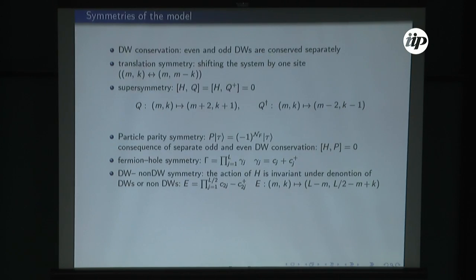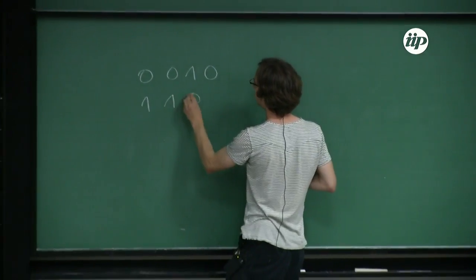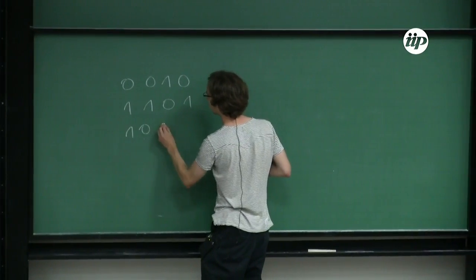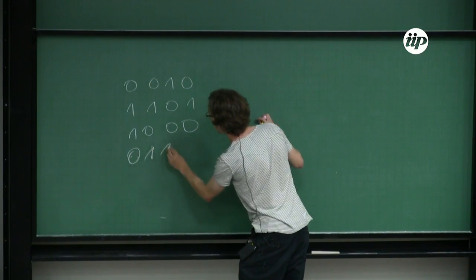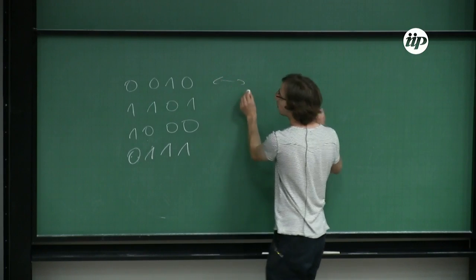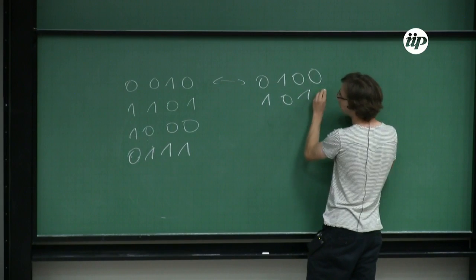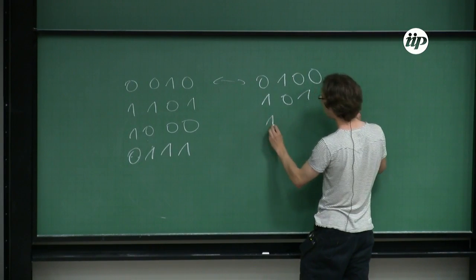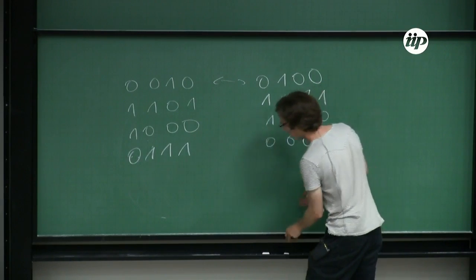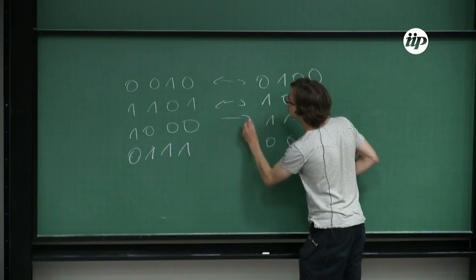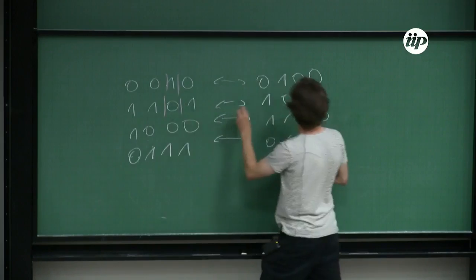So if you remember, for all the processes, these are the domain walls which are jumping.